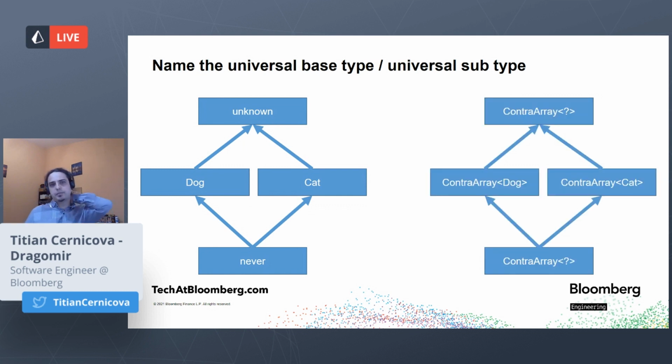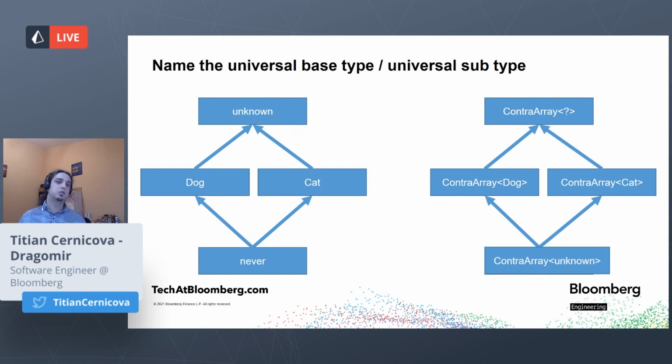What about contravariant array? What would be the universal base type of that? Well, since we are dealing with contravariance, if we thought that contravariant array of unknown was the base type, that's actually not true, right? The arrow of inheritance points in the opposite direction.